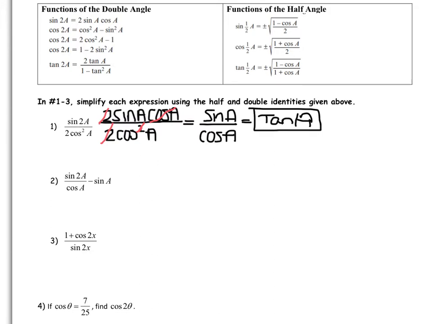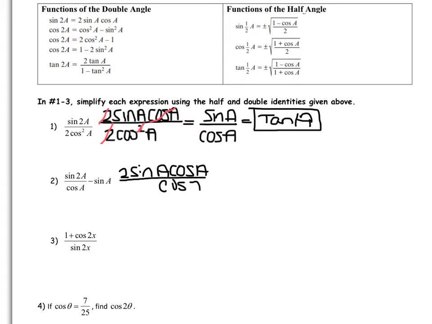Okay, example 2. Maybe before we subtract off this sine a, maybe we can simplify this piece first. So sine of 2a for the numerator is again 2 sine a cos a over the denominator, which is cos a.